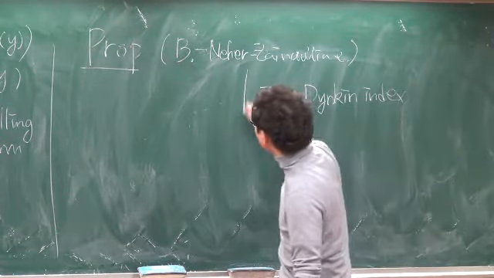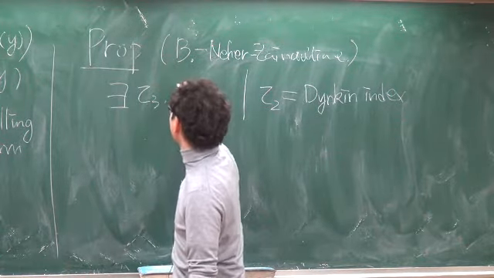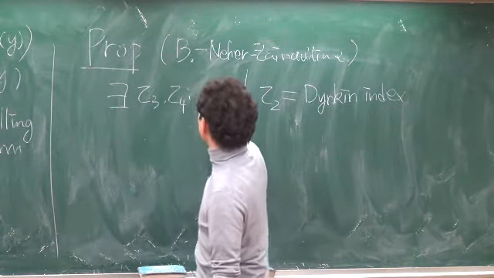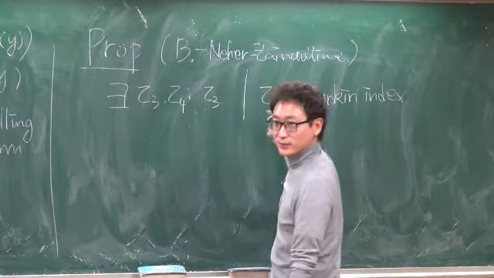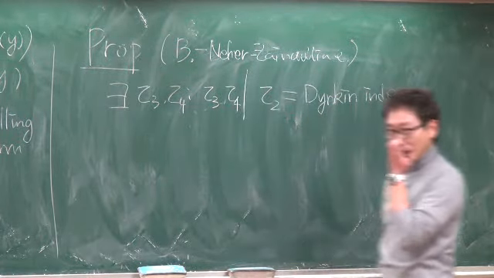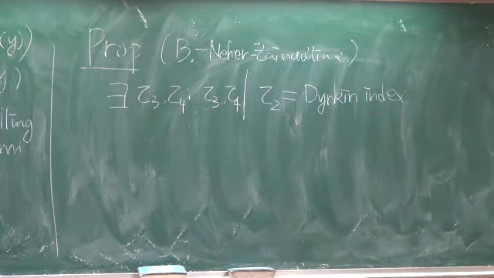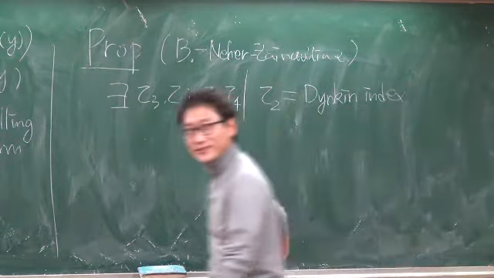And moreover, there exist tau 3 and tau 4, which divide the Dynkin index of tau 2. Now let me move to the application.